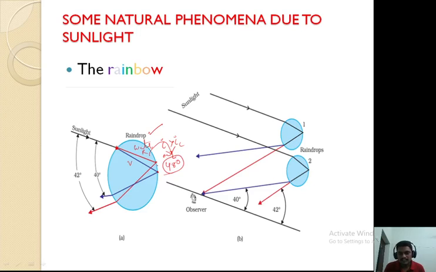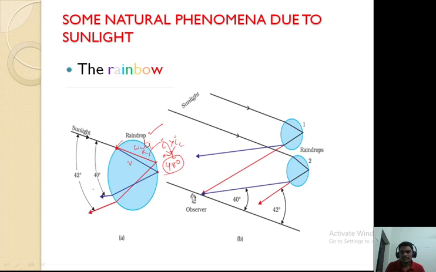So these light rays are internally reflected and emerge from the spherical water droplet after one more refraction. Here the separation further increases, and at the second refraction the separation between the colors increases further so that we can see the rainbow.